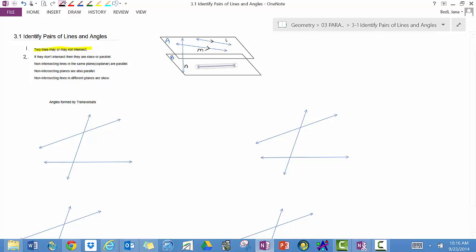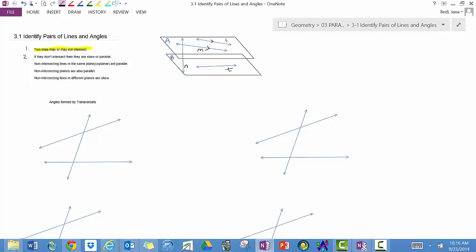I'm going to call it T. So line T and line M lie in parallel planes. Planes A and B are parallel. So lines T and M lie in parallel planes and they will never intersect.